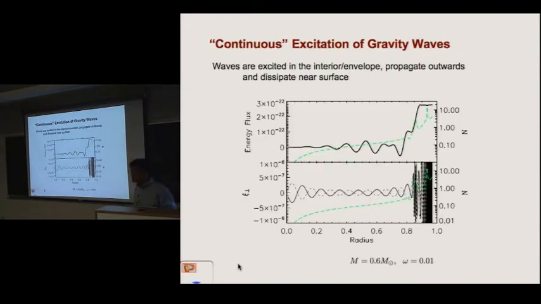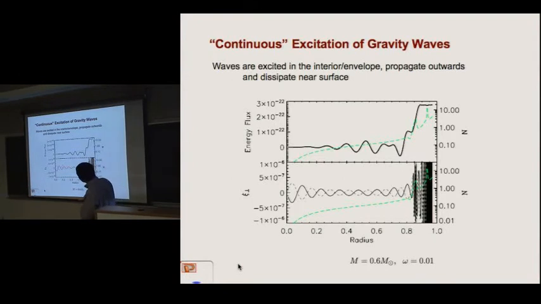Sure. But to excite the wave, you need some region where the wavelength is long and the tidal potential is smooth, right? The excitation depends on the overlap between the wave and the tidal forcing potential, which is a smooth thing. So you have an overlap between the oscillatory thing and the smooth thing.